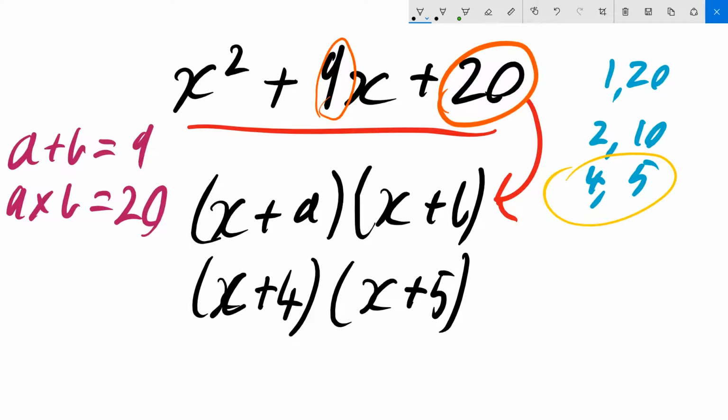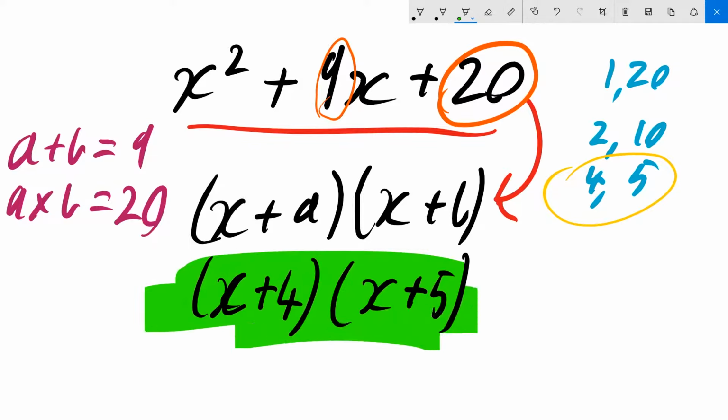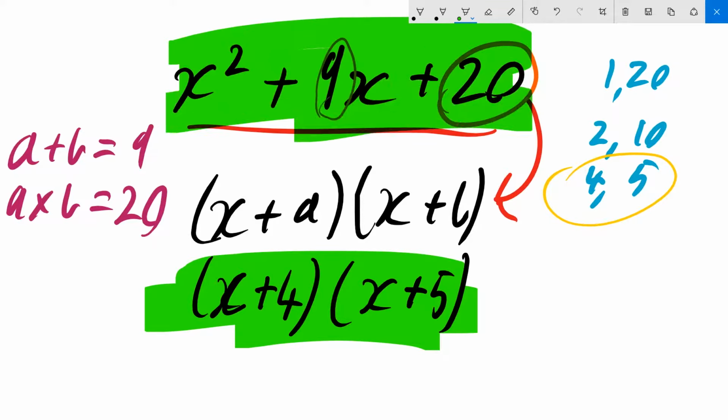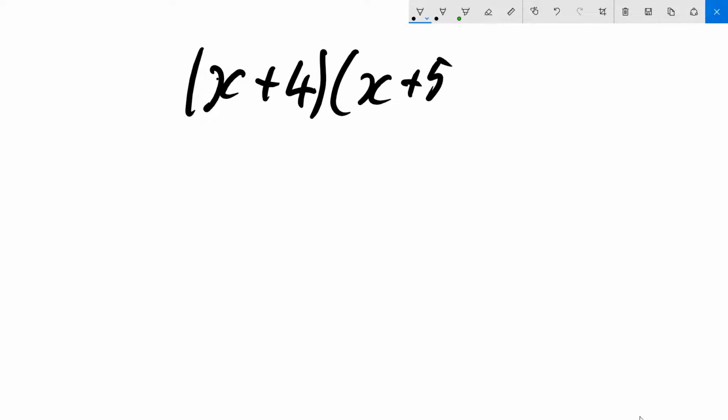So, okay. How do we make sure that this equation at the bottom here is the same as this thing up here? Well, okay. Let's expand it then, shall we? Okay, so let's check it. x plus 4 times x plus 5.